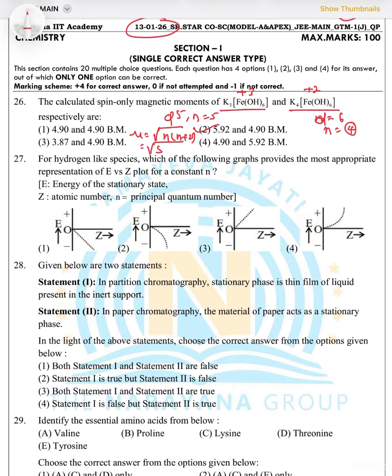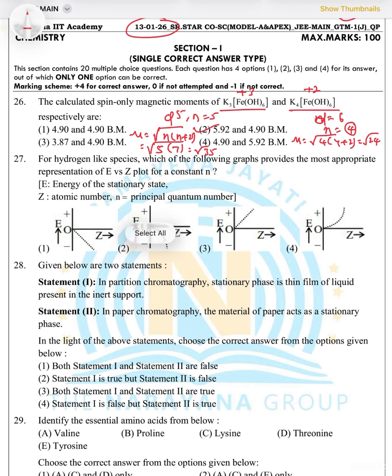So n is equal to 5 here, 5 into 7, 35. Root 35 is equal to 5.92. The same way in the second complex, n is equal to 4. So mu is equal to root of 4 into 4 plus 2, that is equal to root of 6 fours are 24. Root 24 is 4.90. Second option is correct.